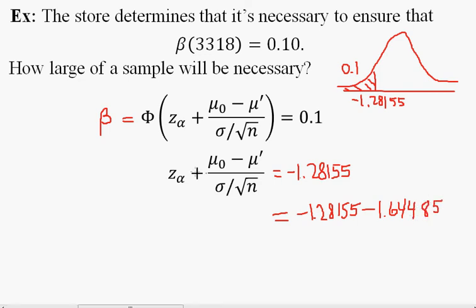That brings the z alpha over to the other side. Then I divide by mu 0 minus mu prime, so 3218 minus 3318. And that's going to be equal to 1 over sigma, which is approximately 287, divided by the square root of n.